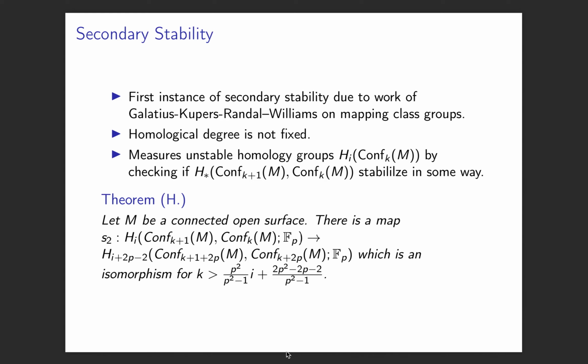And so the target of this map is homology in degree i plus 2p minus 2 of the relative pair of configurations of k plus 1 plus 2p points on M relative to the configuration space of k plus 2p points on M. And this map is an isomorphism in a range, specifically for k greater than this range right here, which I won't specifically say.